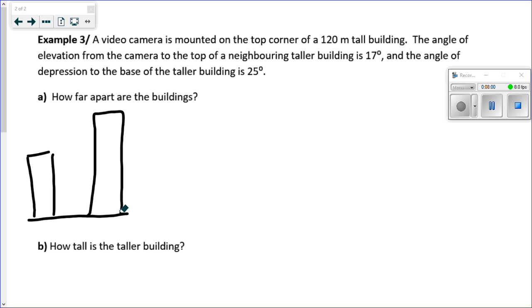On the top corner, we know that this is 120. There's my horizontal. To the top, 17 degrees. And the angle of depression is 25 degrees. So how far apart are the buildings?